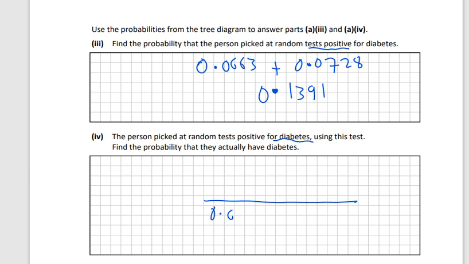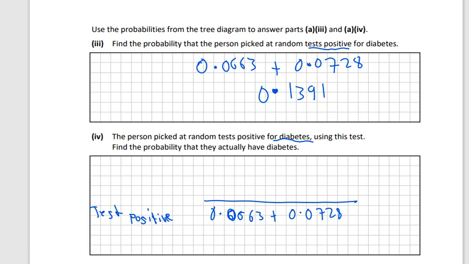So 0.0663 plus 0.0728. That's all of the people who test positive on the bottom.